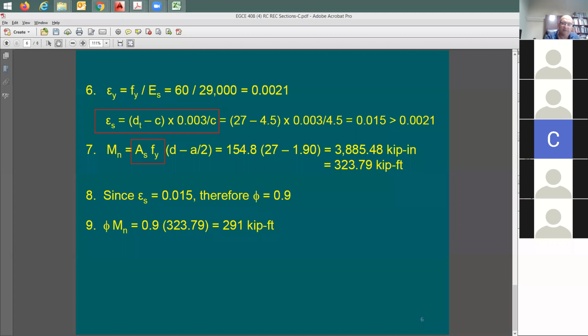The common, isn't it Portland? Type 2 and type 5. Where would you use 5 and where would you use 2? 2 is general. 5 is for ocean areas or sulfate exposure, the foundation.